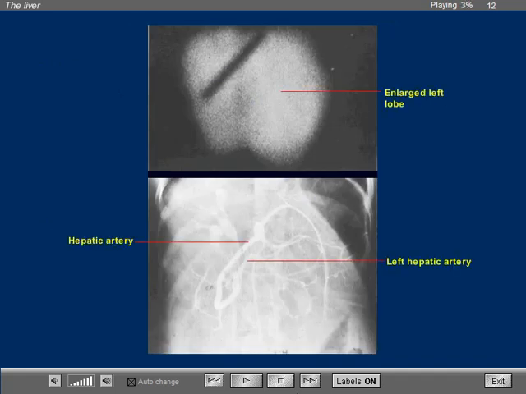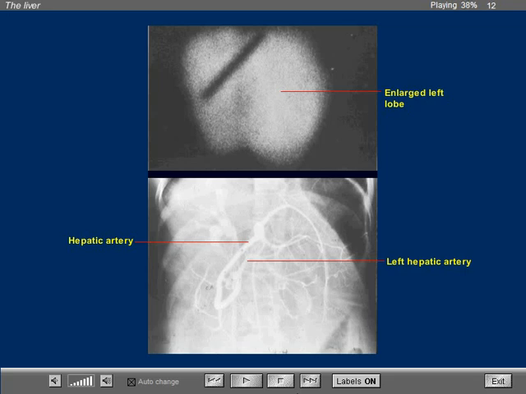These two images show scintigraphic examination of the liver above and a celiac angiogram below. Scintigraphically, the left lobe appeared much larger than the right, and this is distinctly abnormal. This is not what is to be expected in an adult.